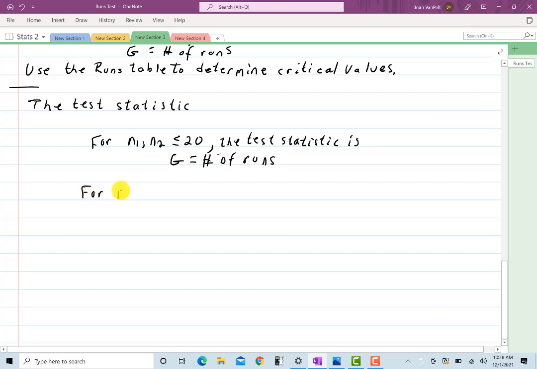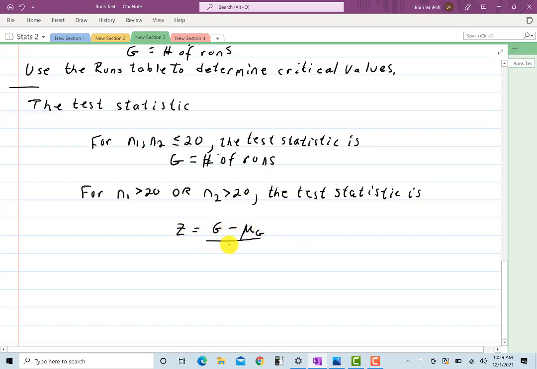For n1 greater than 20, or n2 greater than 20, the test statistic is z equals g minus mu sub g over sigma sub g. So you can see it's a standardized normal calculation.